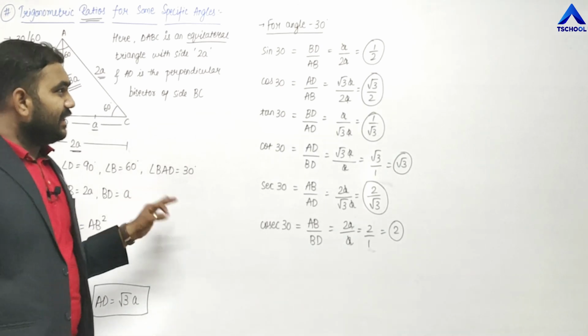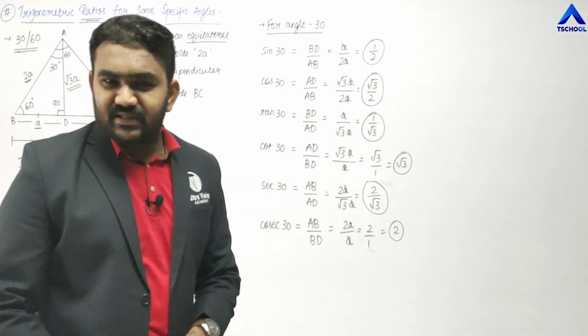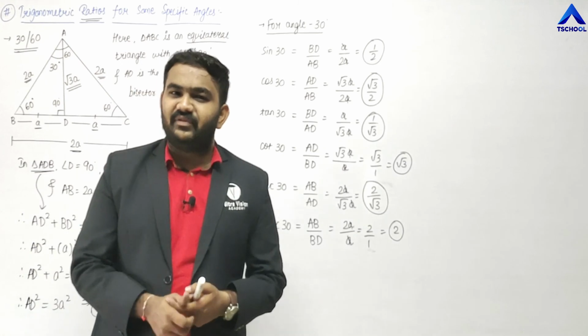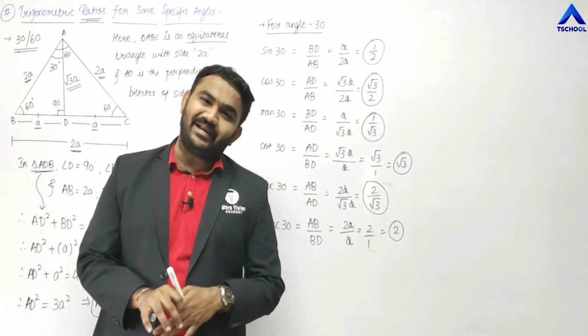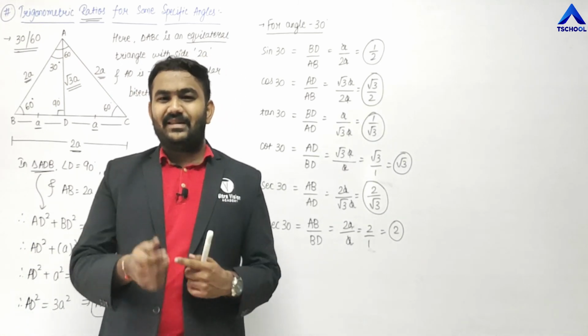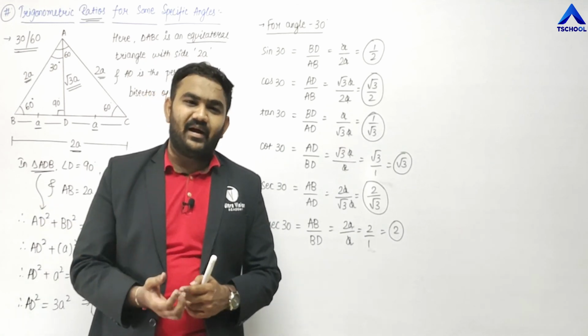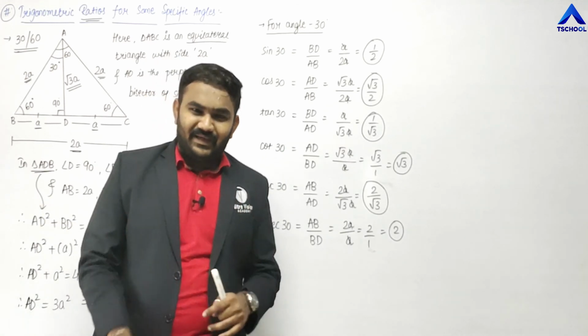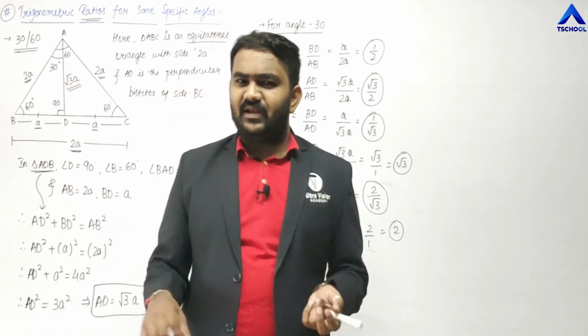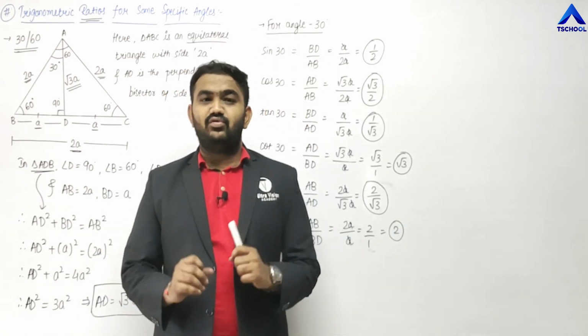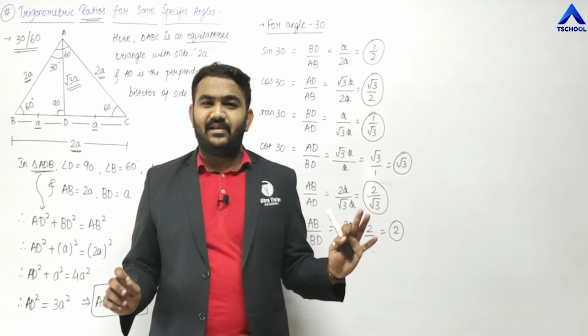So let us quickly continue with angle 60 also, so that in today's lecture we can cover a total of 18 values which you will be recognizing, remembering, learning by heart. Write it down 10 times in a book, 15 times, 20 times, whatever. You just need to learn these values by heart.